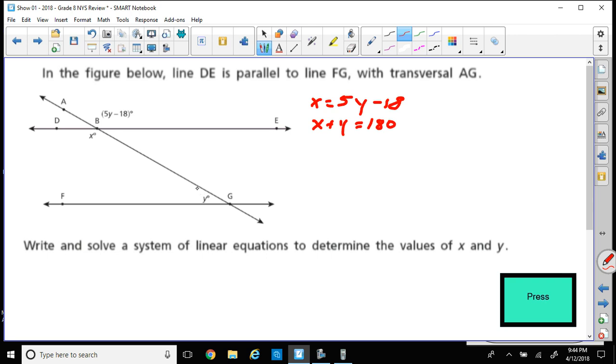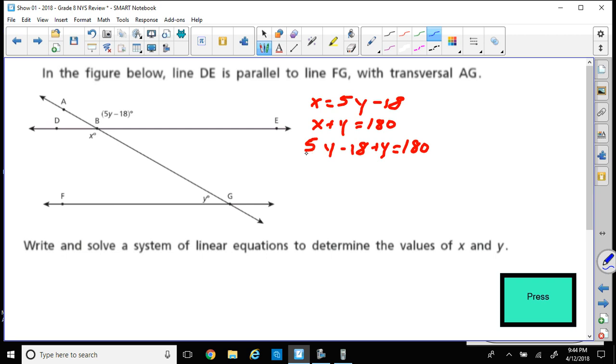Those are also supplementary. If I slid this angle all the way up, it would end up right here, and that would be supplementary too. So I'd have another equation, 5y minus 18 plus y equal to 180 degrees. So I got a bunch of equations that I could use, and to solve it with the system, I'll just pick the two easiest to use.